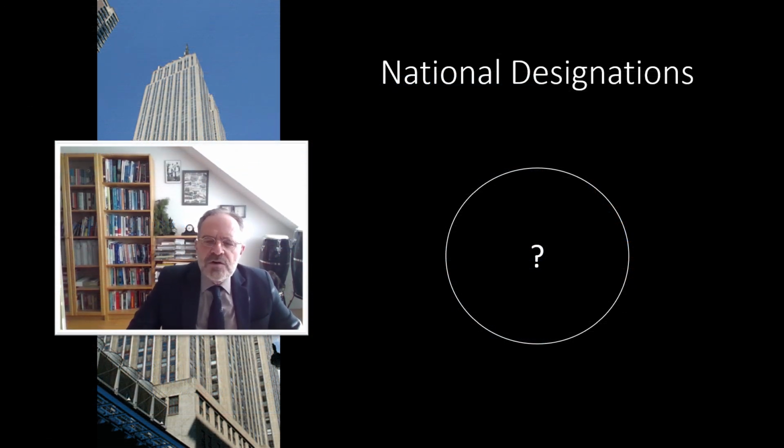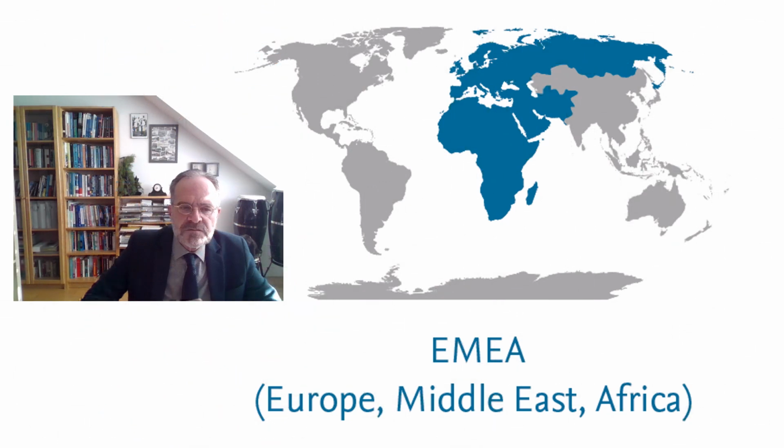The course and the book take an international perspective, and in order to make it a bit realistic, we sometimes assume that you are the manager of the EMEA region. These blue countries reflect the EMEA region.